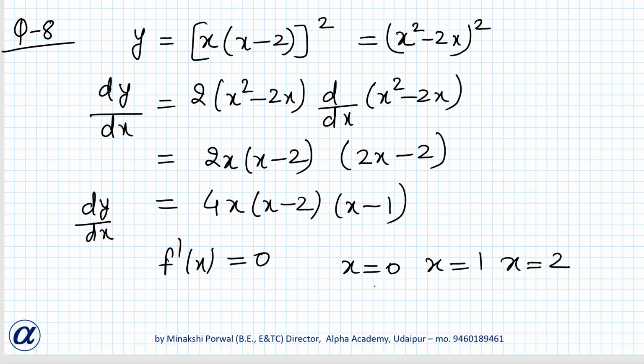So basically these are the points on the number line which divide the real line into different disjoint intervals. So what will be the intervals? Like if this is 0, this is 1, this is 2. First interval will be minus infinity to 0. Next interval will be from 0 to 1.